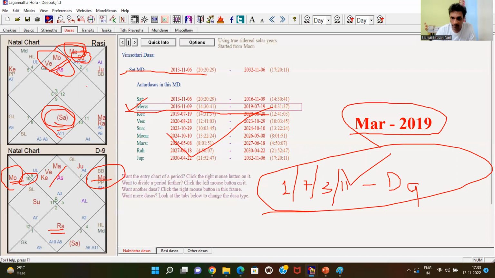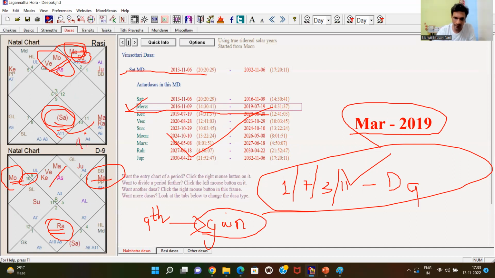So remember, when we are talking about marriage, it is the 7th house. Marriage is a dharmic thing, the 9th house, and marriage is the gain of dharma. If you are doing your dharma, the gain from the 9th is the 11th house.